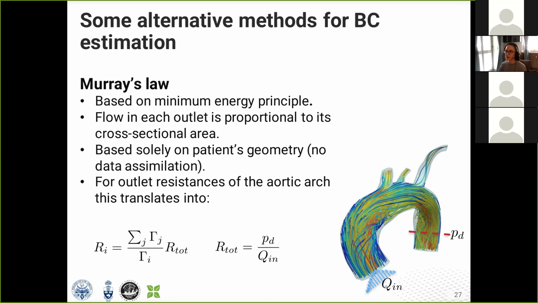The first one is based on Murray's law. Murray's law was formulated in 1926, and it basically says that our cardiovascular system works based on a minimum energy principle, so that our vessels are constructed in a way that blood can flow with a minimum amount of work.